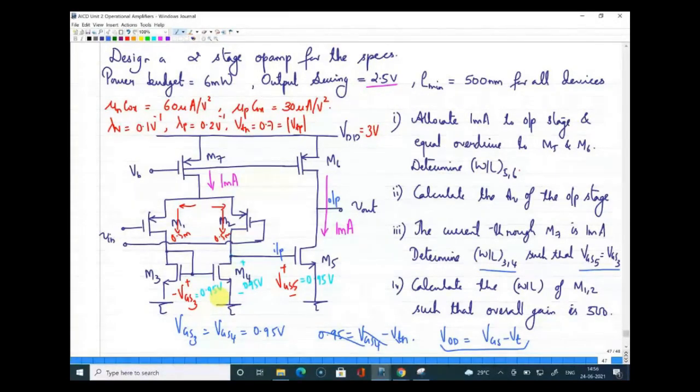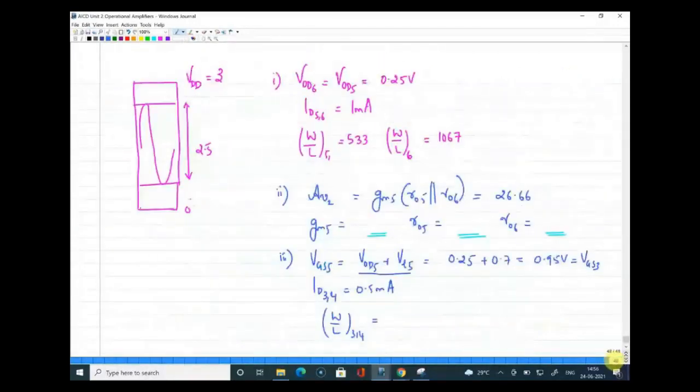Instead of at the edge of saturation, the device is a little deeper into saturation. Yes, sir. I understood your confusion in this. So in this case, when I'm finding VGS5, I have directly taken this equation and I assume that the overdrive voltage is equal to VGS minus VT, which is the edge of saturation condition.